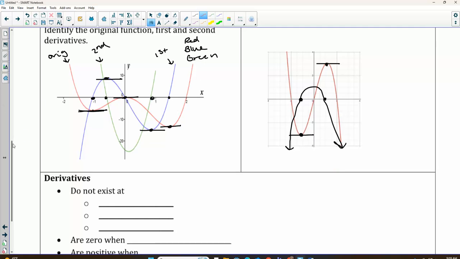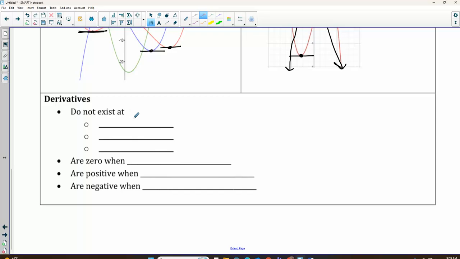All right, so tell me, looking at the graph of a derivative, what are the 3 places where the derivative does not exist? Discontinuous. So if there's any kind of break in the graph, there is no derivative there. Where else would we have a place where the derivative doesn't exist?